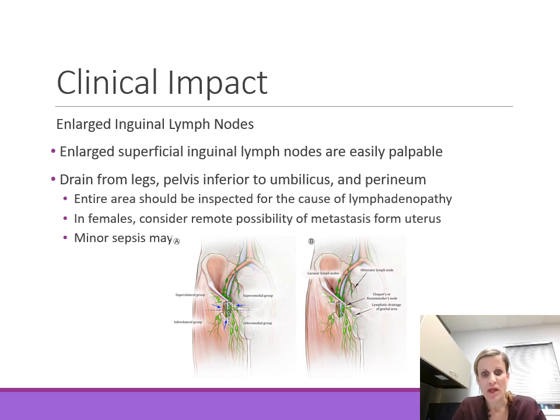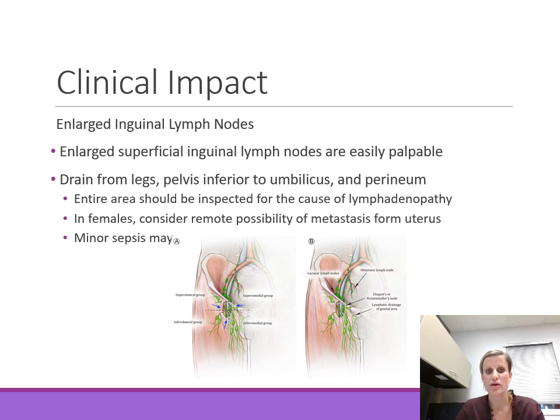There are numerous lymph nodes in the inguinal region, which you can see here. Enlarged superficial inguinal lymph nodes are easily palpable because they are so close to the surface. The inguinal lymph nodes drain lymph from the entire legs and from the pelvis inferior to the umbilicus, as well as the perineum.